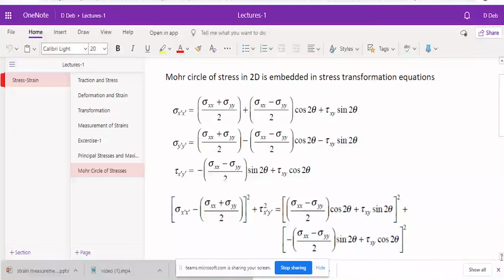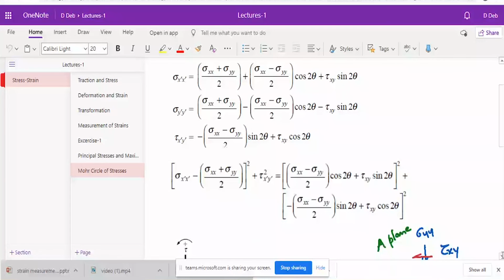These are all constants because sigma xx, sigma yy, theta, everything will be given to me. So this becomes a constant r square. So you can see x minus c, or let's say some coordinate of the center, and y minus 0 squared, is equal to r square.